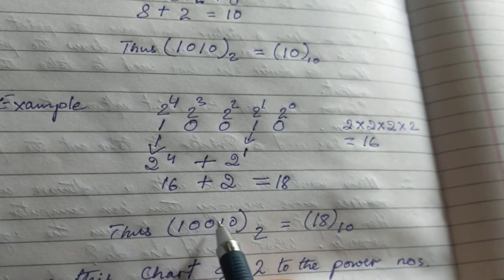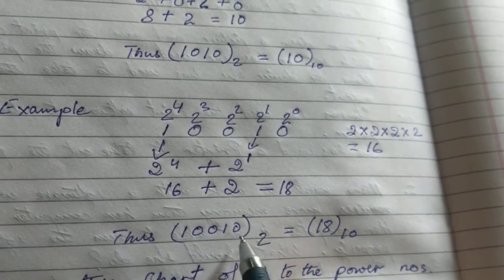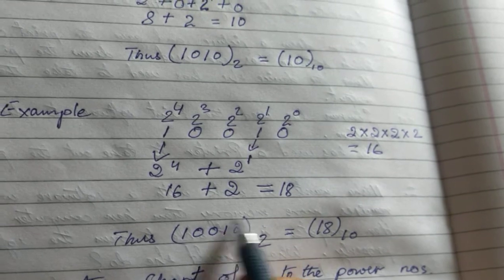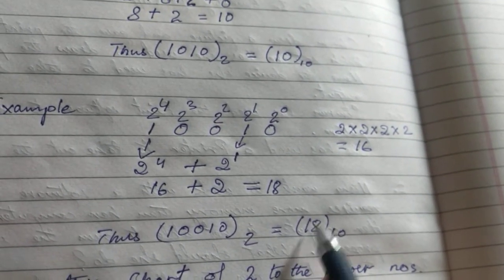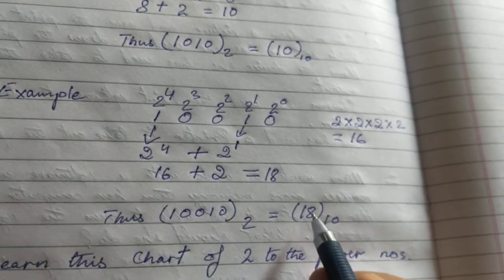Thus 10010 with the base 2, which is a binary number, is equal to 18 with the base 10. This is the decimal number.